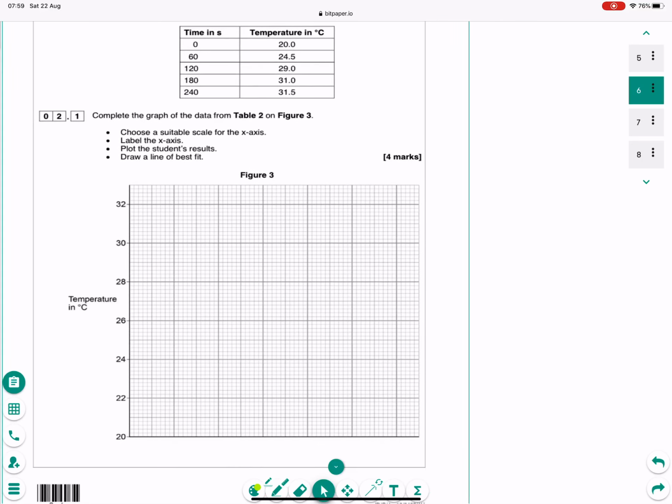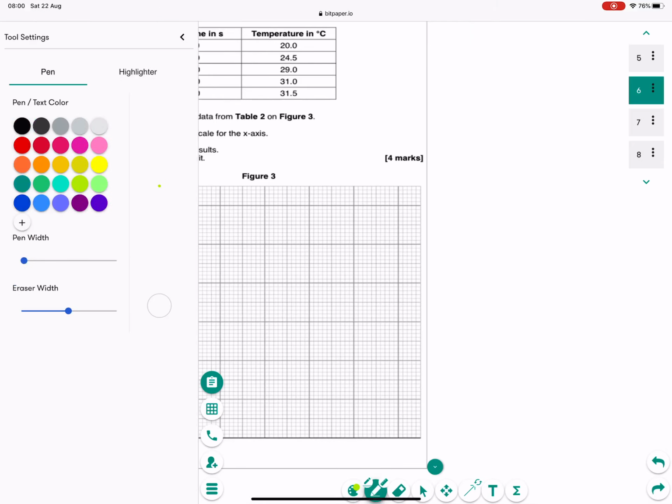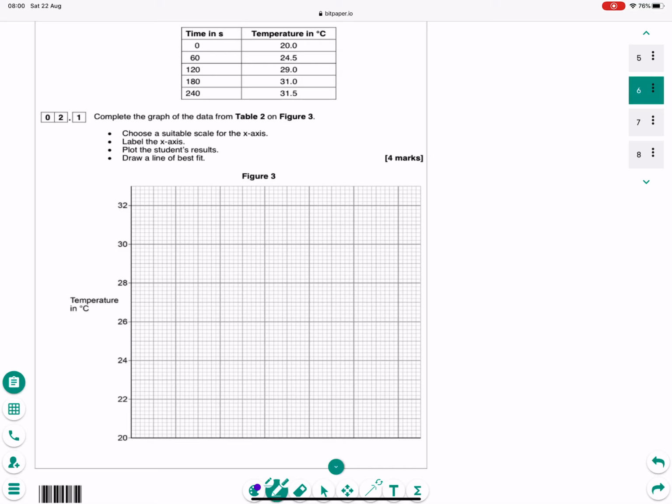You don't want a tiny scale, but you want to make it suitable. Let's go for a different colour, I think. So I'm thinking here, just go up in minutes, I think.